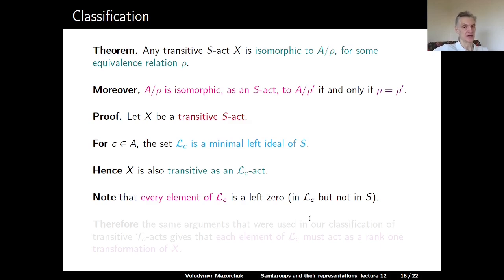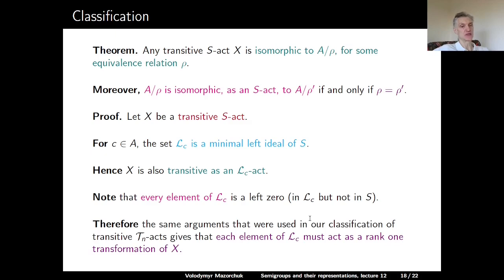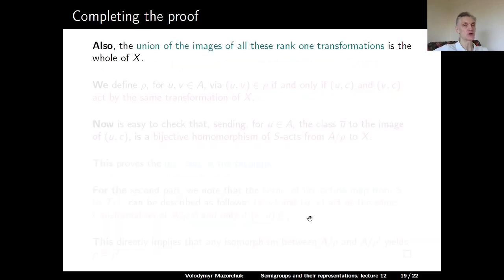It's not a left zero in S, but it is a left zero in LC. And so we can use exactly the same argument as in the classification of transitive Tn acts, and get that each element of LC must act as a rank 1 transformation of X. Also, the union of the images of all these rank 1 transformations is the whole of X.